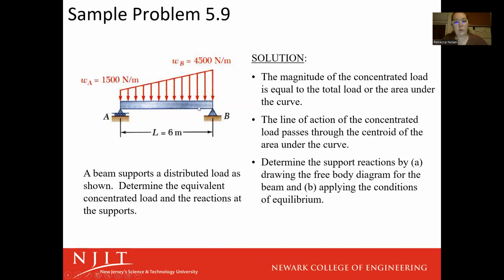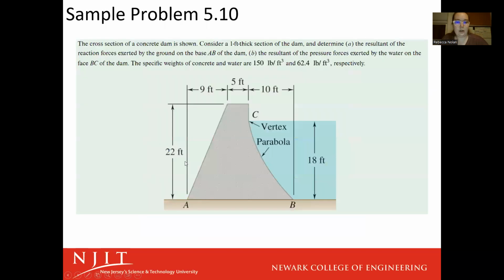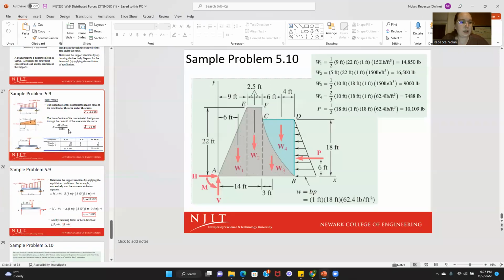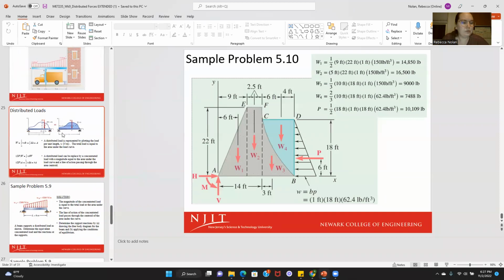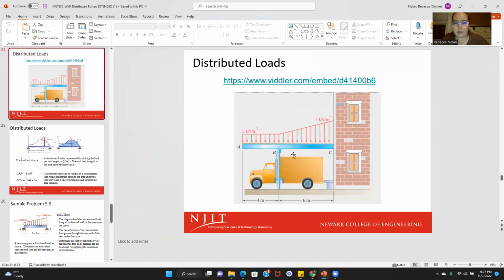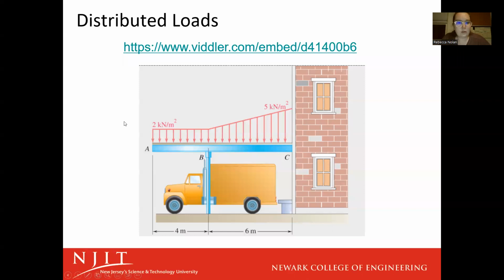Let's say we only had one consistent force. Looking at this one, at the beginning part it's 2 kilonewtons per meter. If we were only looking at this portion of it, the x centroid is going to fall at 2 meters, because that's the centroid of the rectangle.